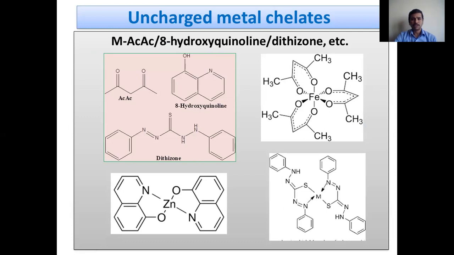So when you dissolve any sample containing metal, water molecules will coordinate with the metal to form a coordination complex. But the metal complex with water may not be uncharged, so we have to convert that metal complex into an uncharged complex. Only then can that uncharged metal chelate or complex be extracted into the organic solvent.